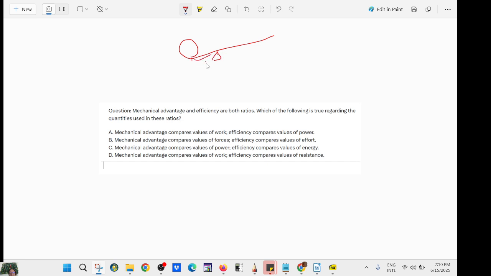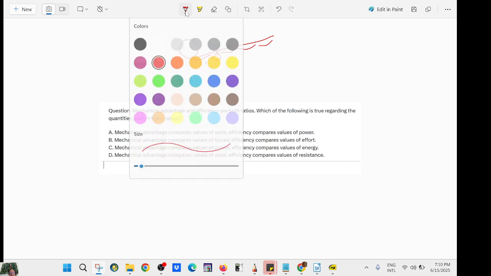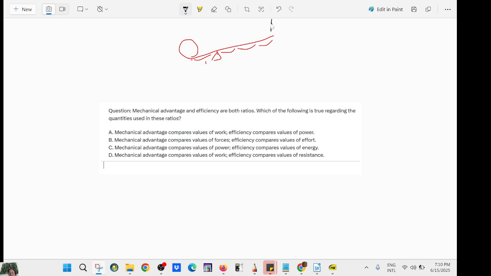Let's say this is 1, and that will be 1, 2, 3. So here you push, and sometimes it's called the effort, but let's say I call that the input, right? The force input. And that here will be the output, right? It's the weight of the load.